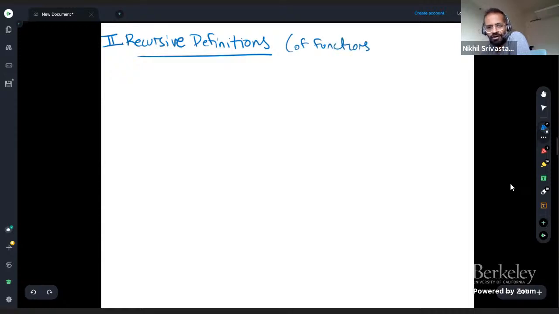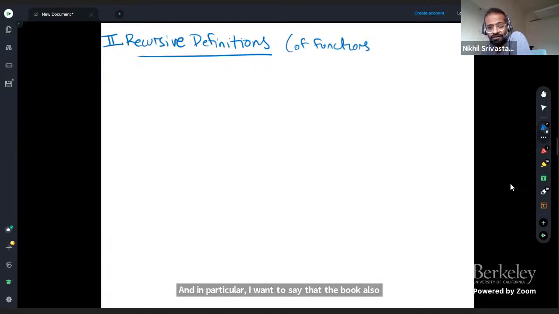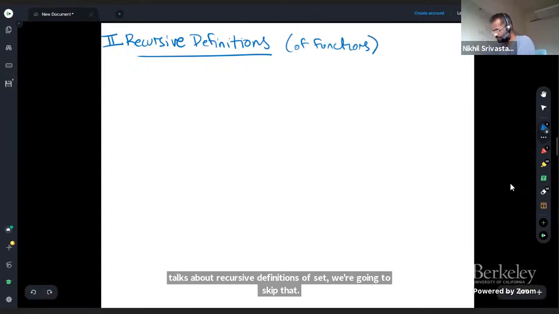And in particular, I want to say that the book also talks about recursive definitions of sets. We're going to skip that for now.